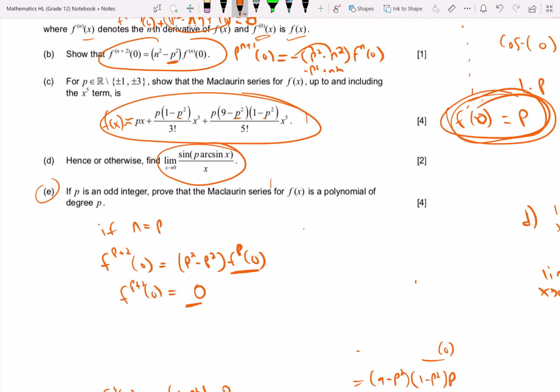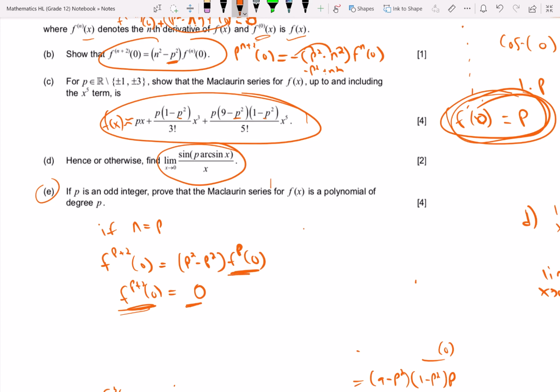But that's only n plus 2, so you want to think about what the other ones have, but the other ones were the even ones, right? So the even ones are also 0, which we saw already. So the even ones are 0, and now this one makes sure all the odd ones after p are also 0.